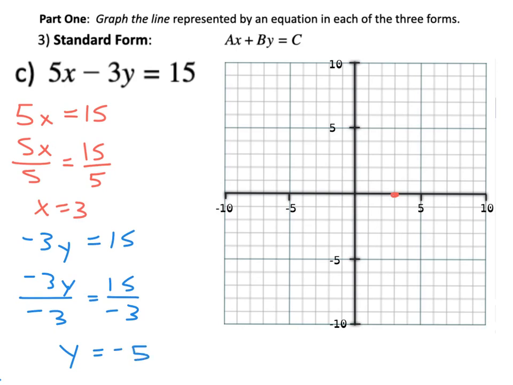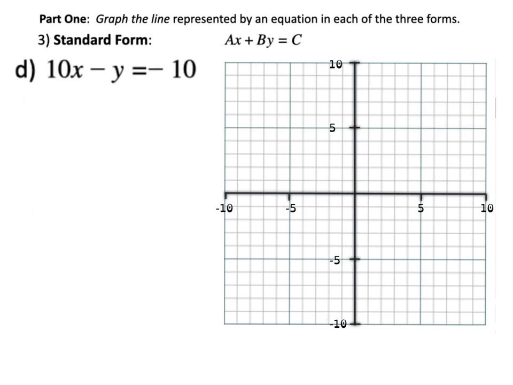That means on the y-axis, put a point at negative 5. Take our line tool, connect them. And we are essentially done with this one. See how easy it is?